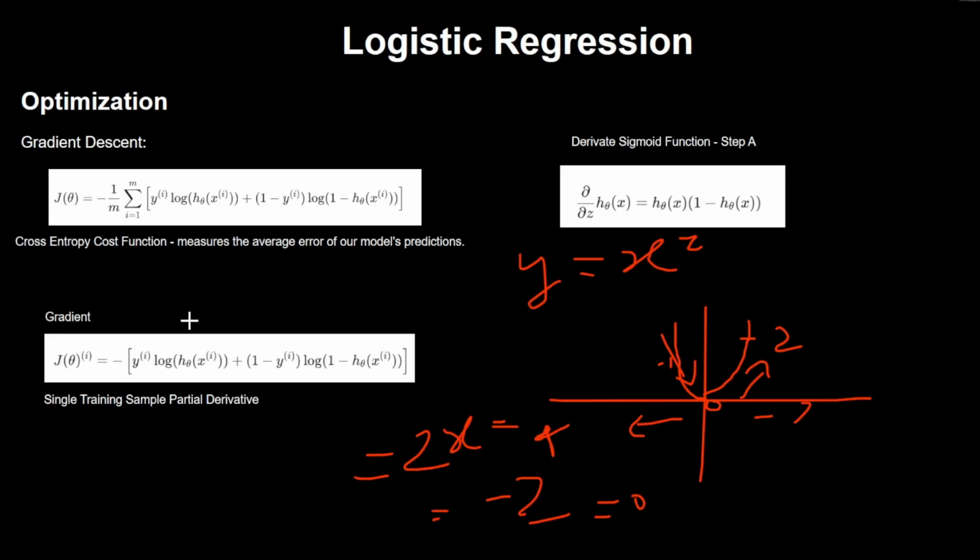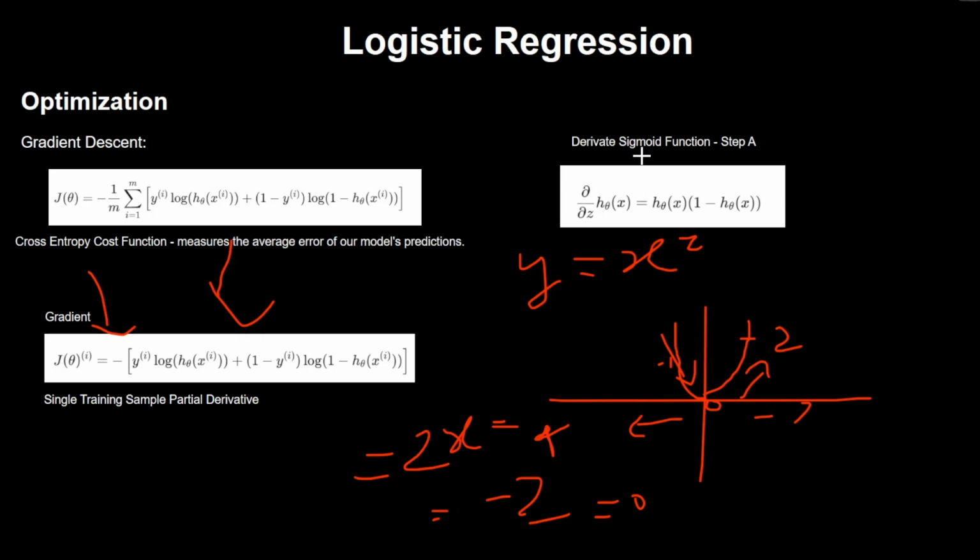For a single example, this is the cost function: the same function without the summation. In order to do our derivation, we just need to find one more thing, the derivative of our sigmoid function.